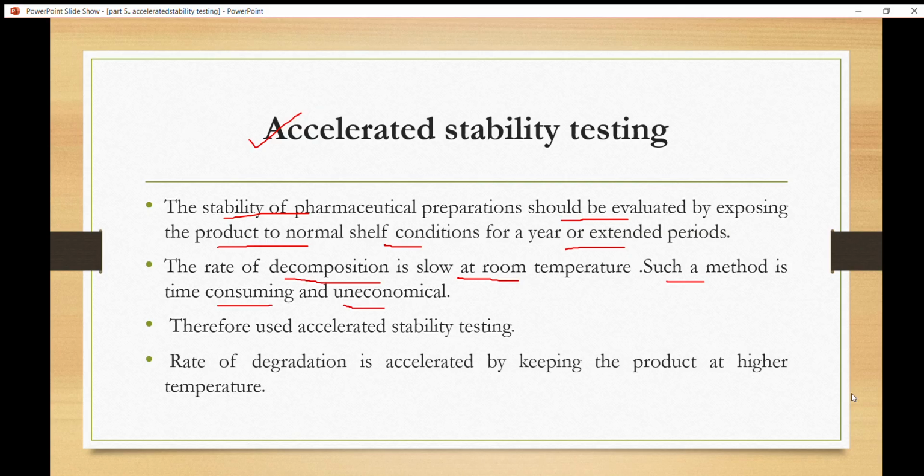For that reason, accelerated stability testing is used. In accelerated stability testing, the rate of degradation is accelerated, that is increased, by keeping the product at a higher temperature, and this is known as accelerated stability testing.